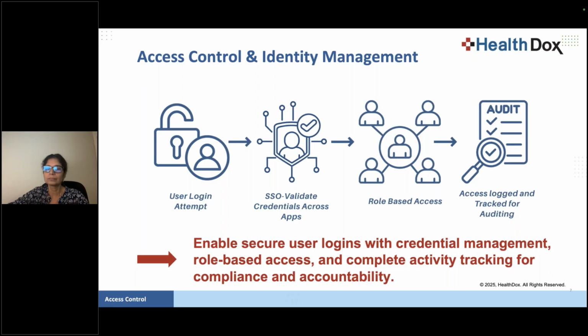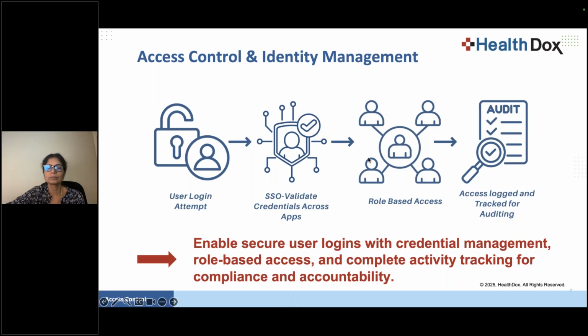Identity management confirms who every user is. Often we use multi-factor authentication, right? Most organizations have adopted MFA, multi-factor authentication, for identity management. For example, if Dr. Jeff is logging in, it should truly be Dr. Jeff.